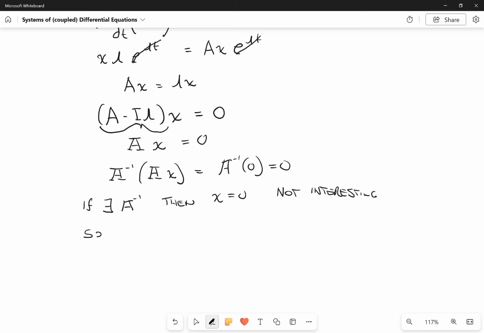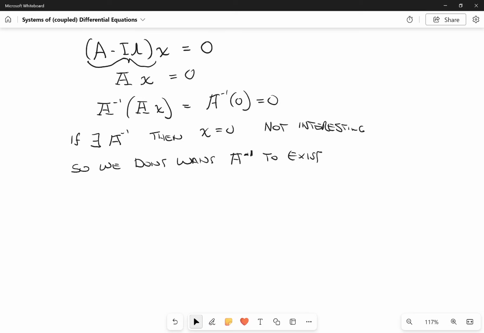So how do you make A inverse not exist? Well, what is A inverse? A inverse is 1 over the determinant of A times some matrix. We don't care what that matrix is.